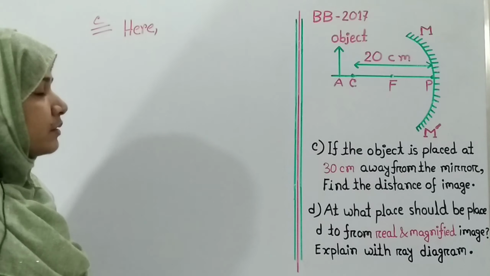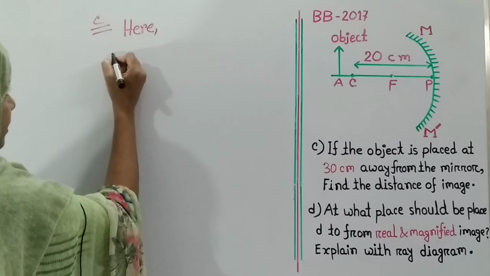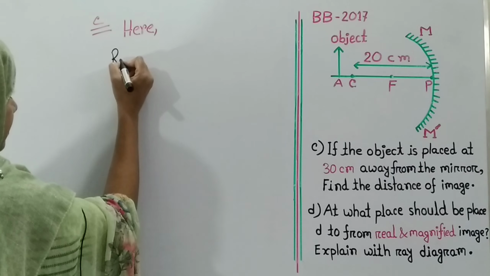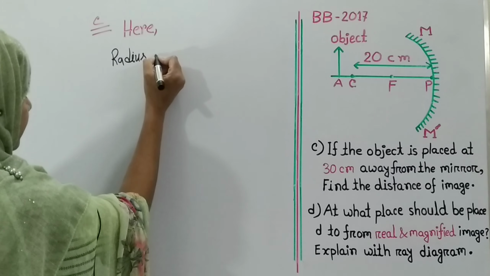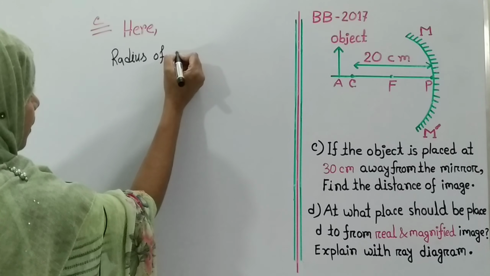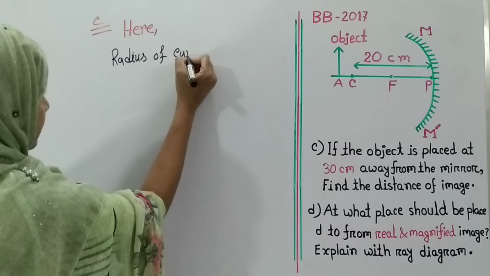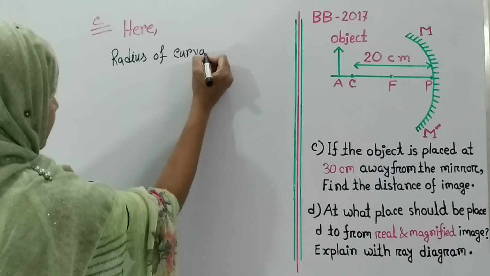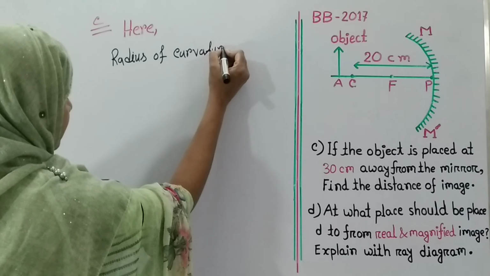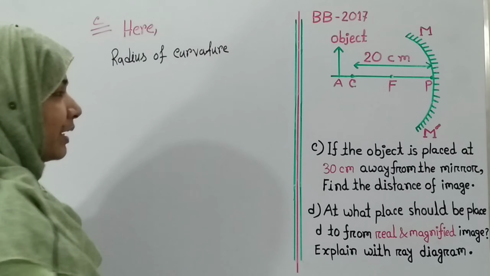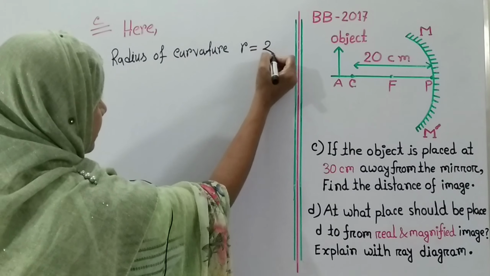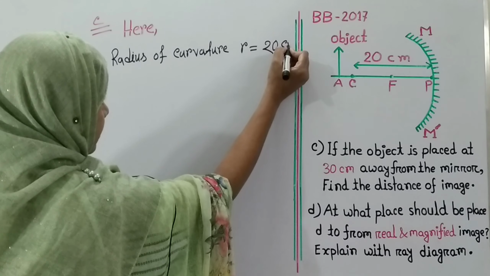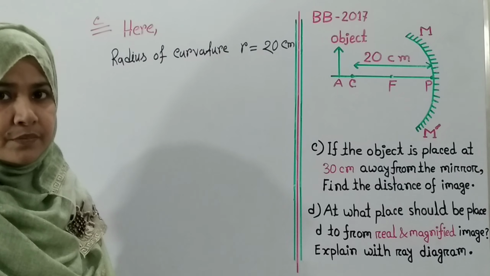That means the radius of curvature, denoted by r, equals 20 cm.